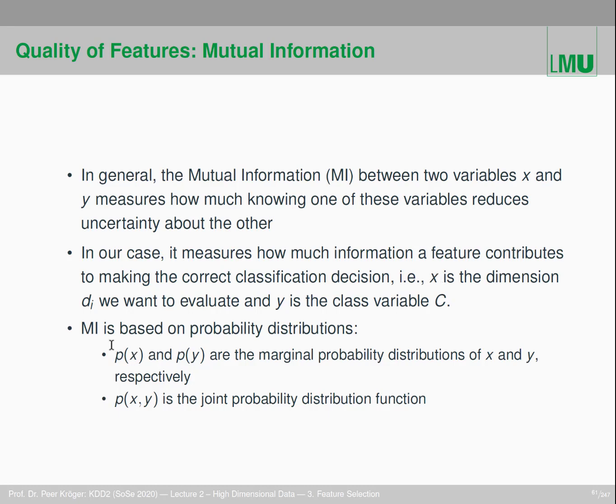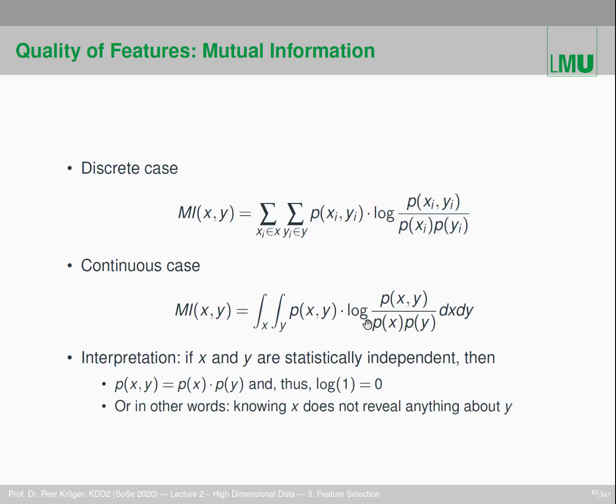And the mutual information is based on probability distributions. You take the marginal probability distributions of the two features here, so the feature you want to evaluate and the class label, and you also take the joint probability distribution of those two, the feature you want to evaluate and the class label once again.